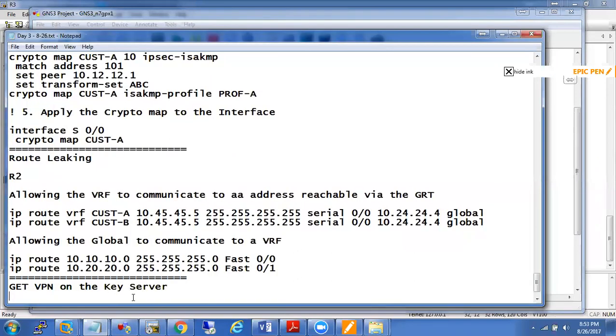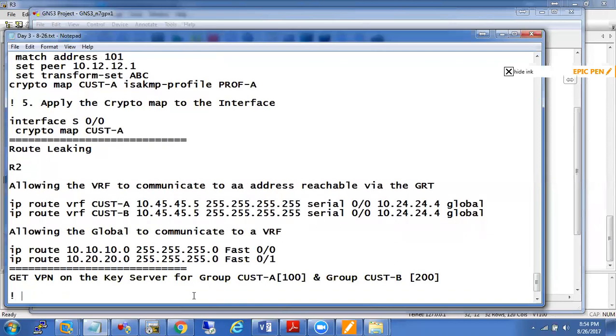So how would I do it? I'll give it 100, and then I'll add group B, and I'll give it a group ID of 200.